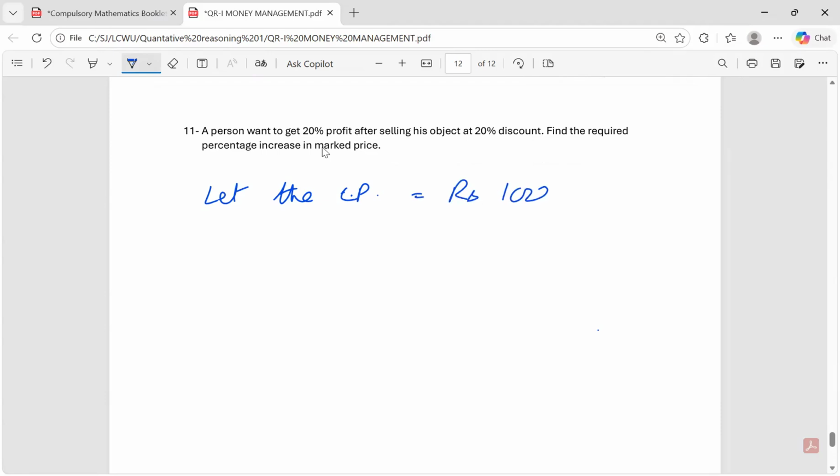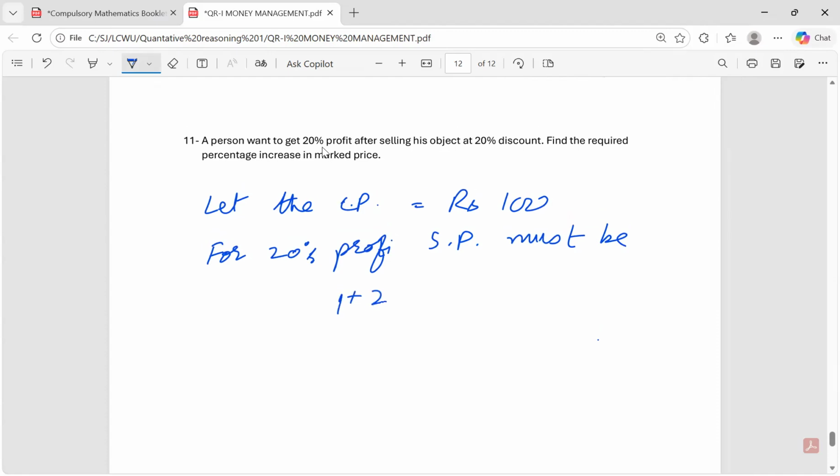Then for 20% profit, the sale price must be 1 plus 20% of 100.